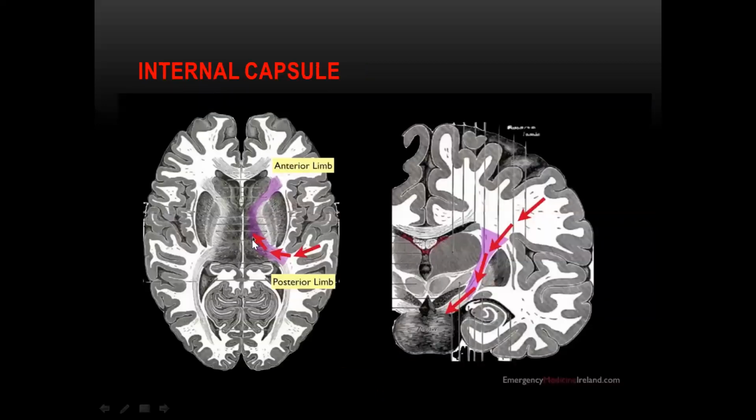The internal capsule is divided into the anterior limb, located between the caudate nucleus and the lentiform nucleus, and the posterior limb, between the lentiform nucleus and the thalamus. Between them is the sharp angulation area known as the genu. Each limb of the internal capsule transmits special fibers.